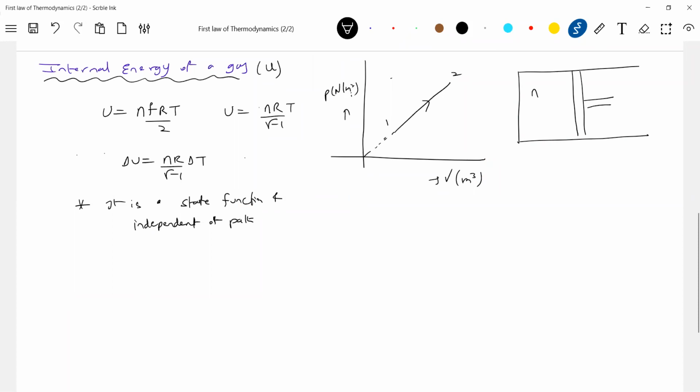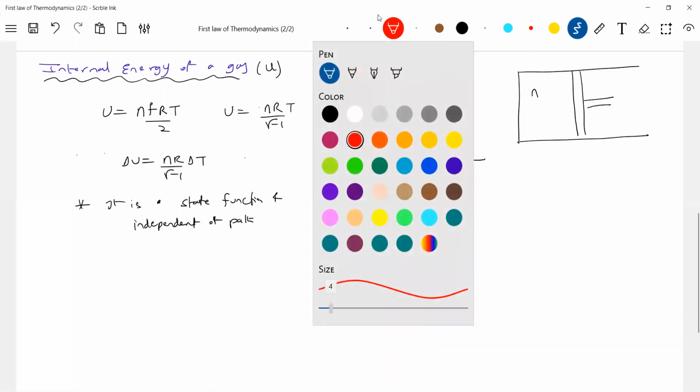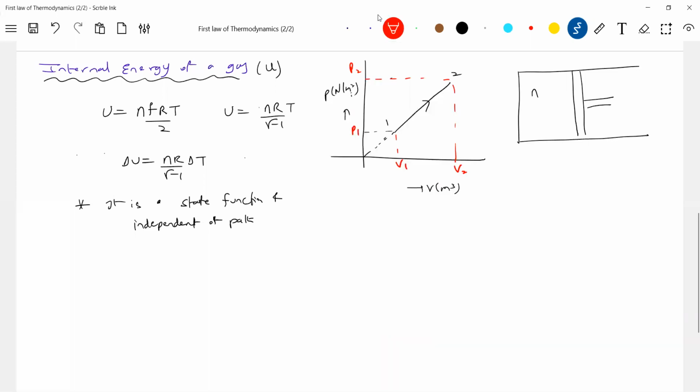It has initial pressure P1, initial volume V1, final pressure P2, final volume V2. So this gas is present, initial pressure is P1, V1. So what I do, I'll make it undergo a process.